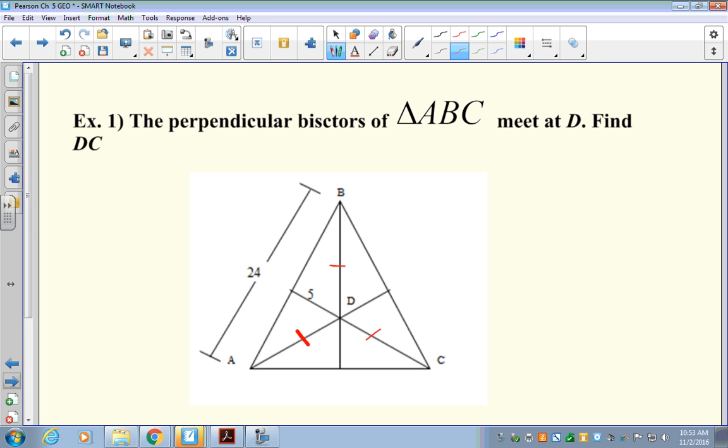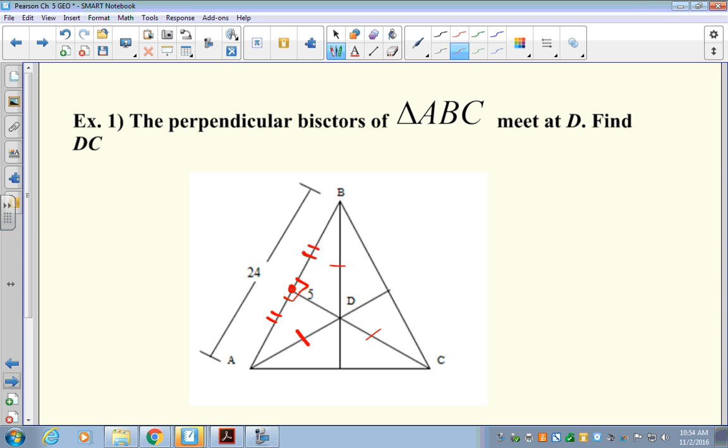The next thing, if I'm looking at my picture, we know that if I'm a perpendicular bisector, this is 90 degrees, as well as that is 90 degrees. Perpendicular bisector. And it's a bisector, so that this side is congruent to this side here.